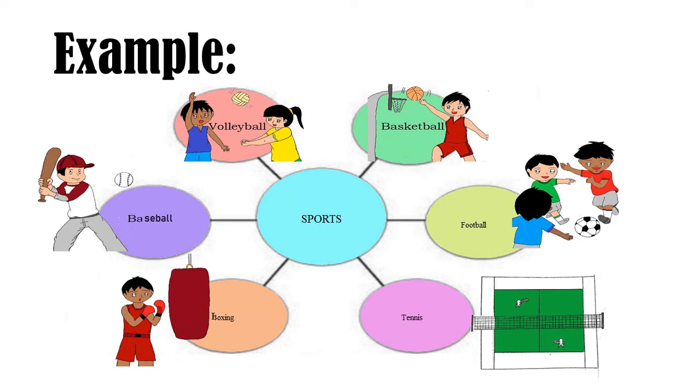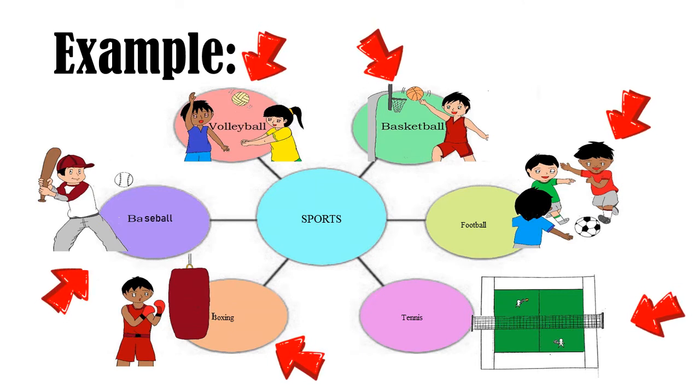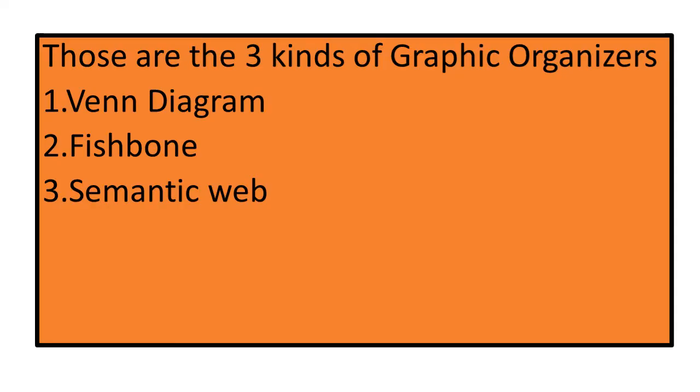Now, what are those sports? We have volleyball, basketball, football, tennis, boxing, and baseball. So, those are the three kinds of graphic organizers.